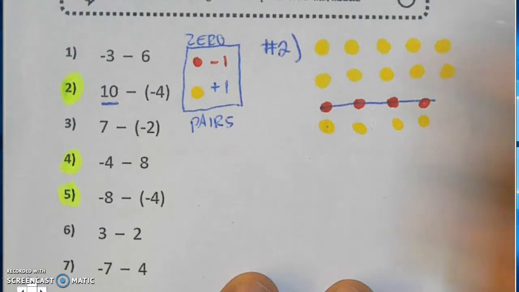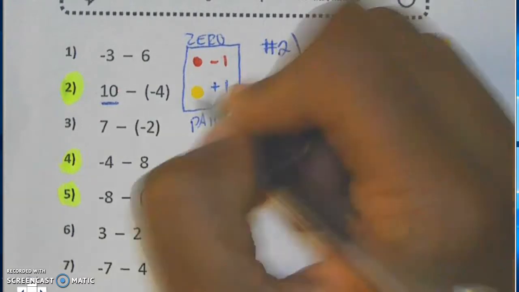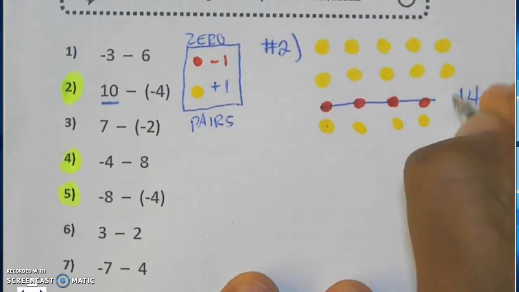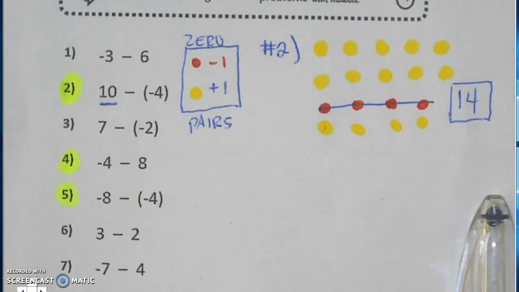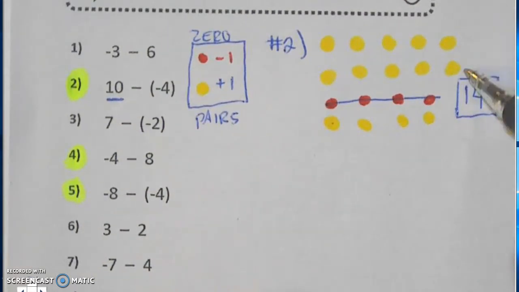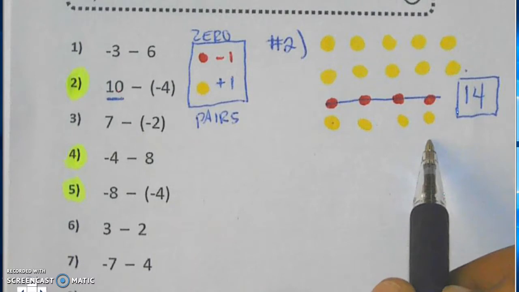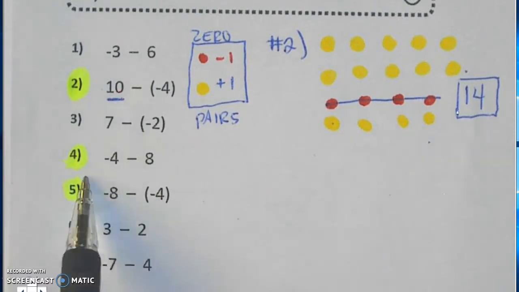So my answer would be a positive 14, which is left. So I have a positive 14 as my answer because my 10 yellows plus my 4 yellows will give me 14.